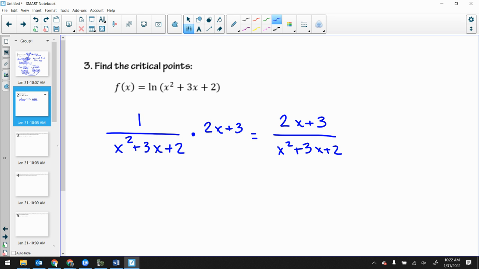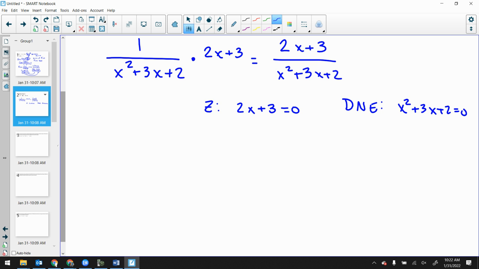And when I go to find the critical points, I say, well, the zeros would be where 2x plus 3 equals 0. The do not exist points would be x squared plus 3x plus 2 equaling 0. Okay, so that means subtract the 3 divided by 2. X equals negative 3 halves, or negative 1.5. Right, yep.